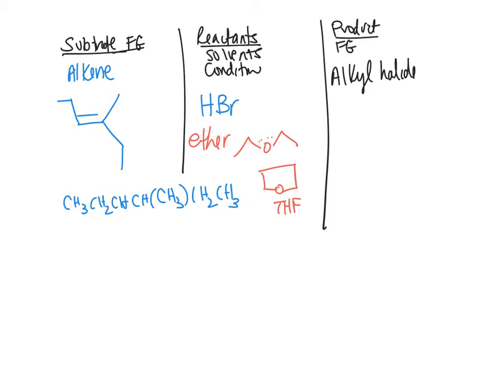And what you're going to see for your product is you're going to get, let's make this green here, HBr. So you're going to find that H adds here. Put a hydrogen there. And you're going to see that Br will add there.